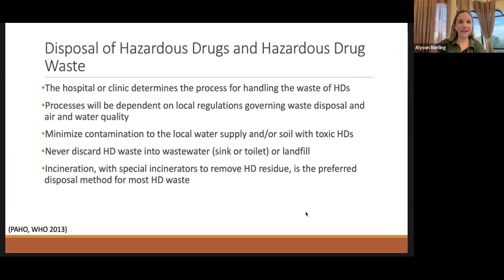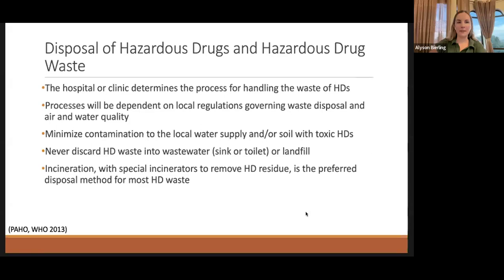This includes vials of chemotherapy, syringes that were used to mix chemotherapy, IV bags that had chemotherapy injected into them, any IV set or IV line that chemotherapy was administered through, and any PPE used during mixing or administration. All of those things need to be disposed of safely, because we want to make sure we are not contaminating the local water supply or soil with hazardous drugs.